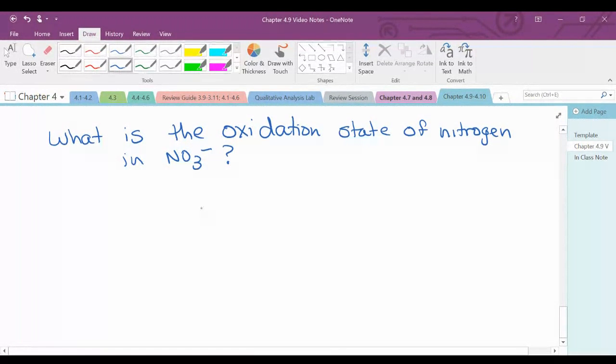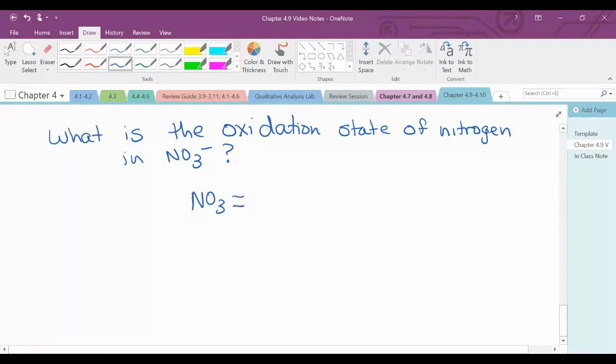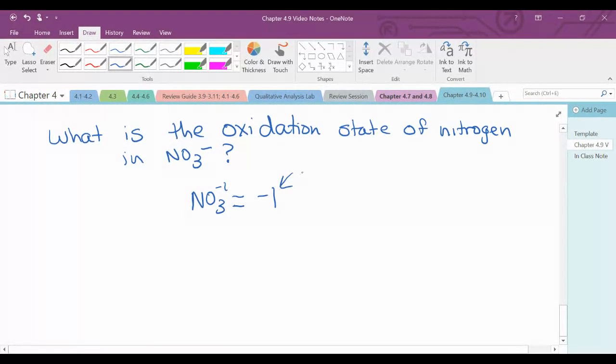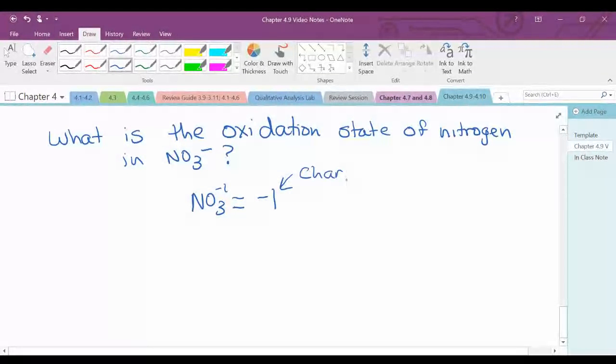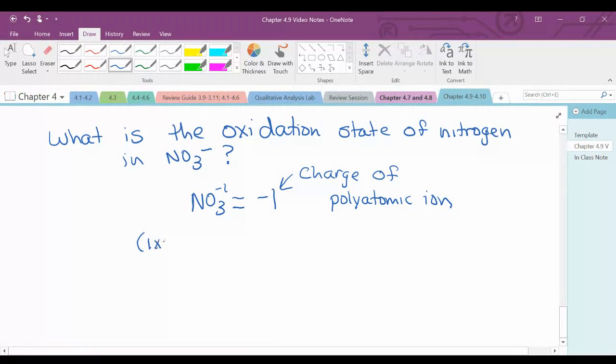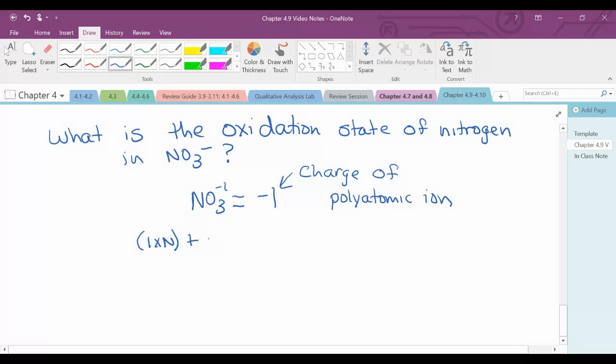We know that this must equal -1 because it's the charge of the polyatomic ion. So we have 1 nitrogen plus 3 oxygens.